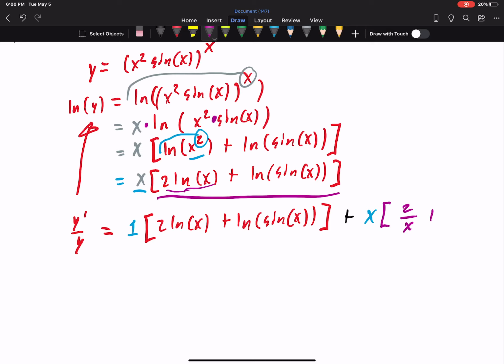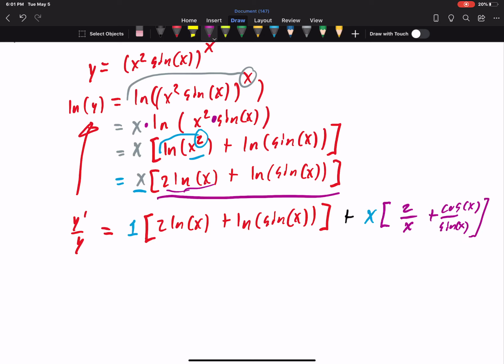Then plus, okay, now we need to derive this natural log of sine. So that's 1 over sine of x times the derivative of sine, which is just cosine. Let me rewrite this on top. Save myself a step later.